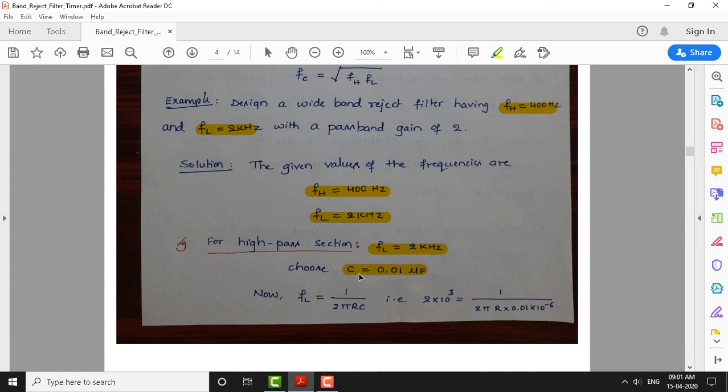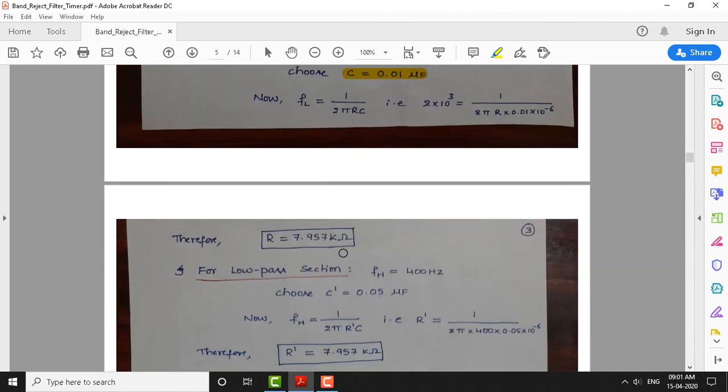Since the capacitor value is assumed here, the R value can be estimated since we know the lower cutoff frequency. Substituting the FL value and capacitor value, and on simplifying and calculating, the R value is found to be 7.957 kilo ohm.